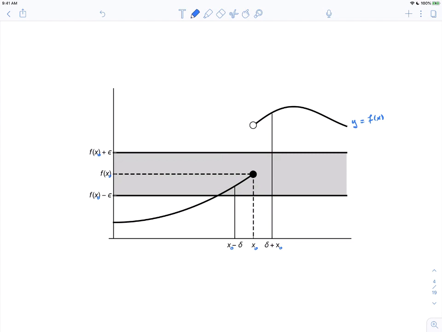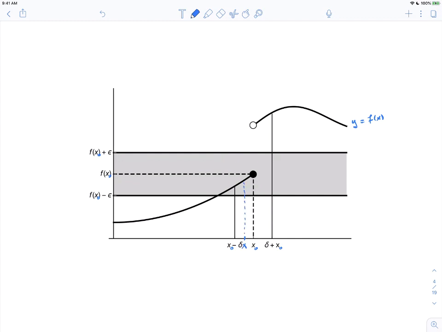This function does not satisfy the epsilon delta criterion there. We can choose an epsilon so that no matter how close you look to x naught, there will always be some output which is outside of that band. On the left side, we're fine.